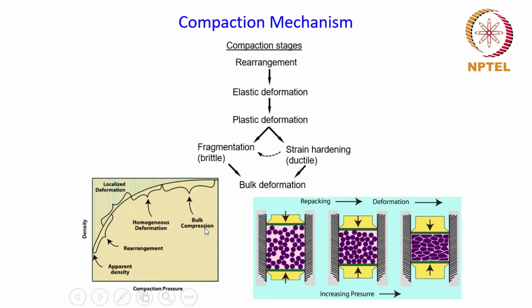Then we talked about the details of the compaction mechanism, and we have seen that there are various stages through which the compaction process goes, depending on the pressure which is being applied, and these are rearrangement, elastic deformation, plastic deformation, and bulk deformation, which also includes fragmentation and strain hardening, depending on whether the material is brittle or ductile.